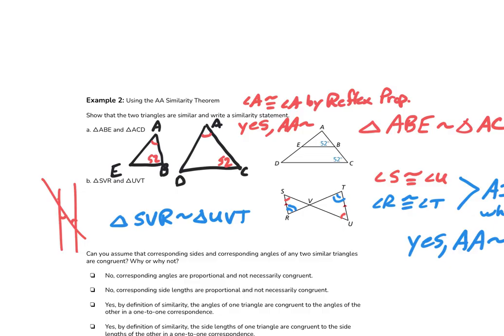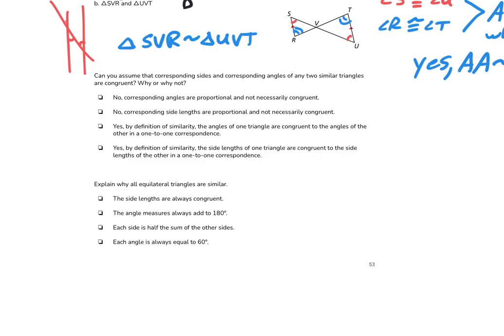And so the key word in this statement down here is congruent. The angles are congruent, and that's what we're doing today. We're proving the angles are congruent, but are the sides congruent? No. So as you look at these statements, which one's better, the first one or the second one? Are corresponding angles proportional?